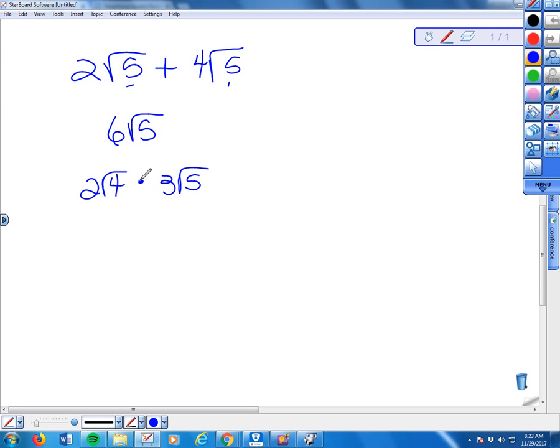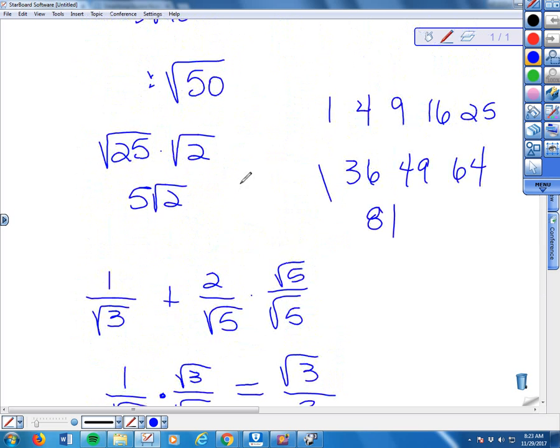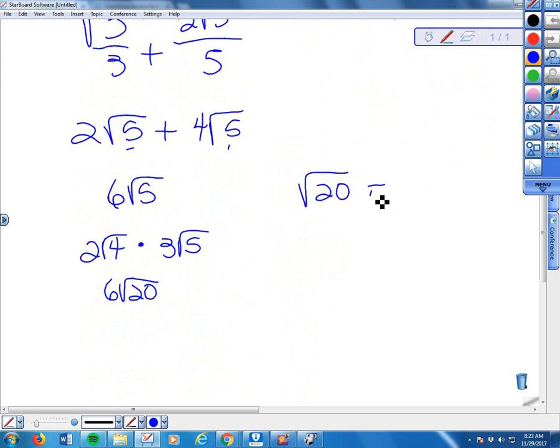Okay? But if I were going to multiply these two together, I can do that. This becomes 6 square roots of 20 if I don't simplify the square root of 4 first. And now we look at the square root of 20. Is there a perfect square that goes into 20? 4. So this simplifies to 2 square roots of 5.